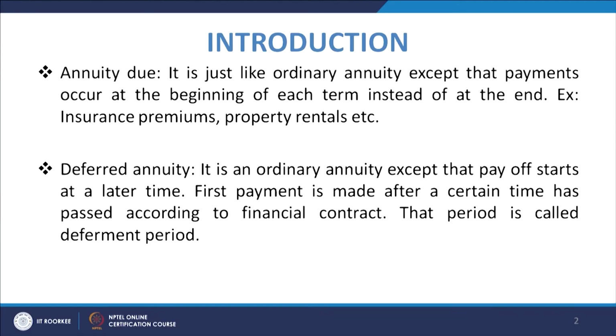The first payment is made after a certain time has passed according to the financial contract, and that period is called the deferment period. In many cases, like when we take a loan, we try to pay it after a few years when we think we will be getting a job and then be able to pay it back. That is the case of deferred annuity.